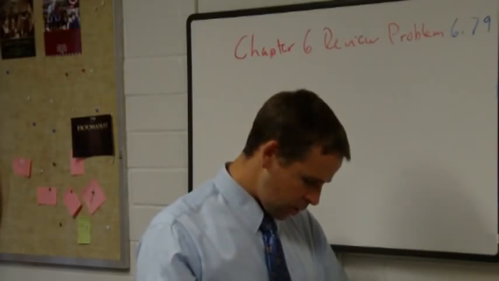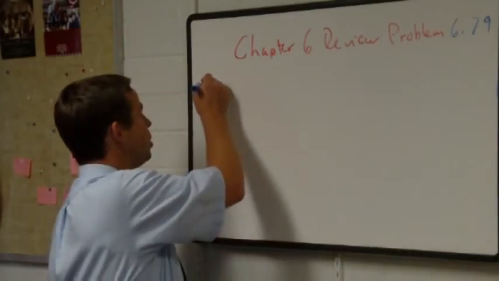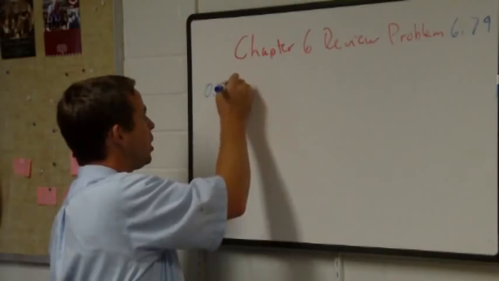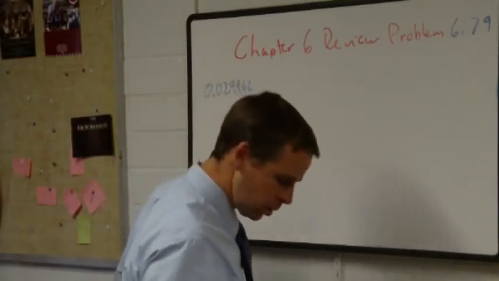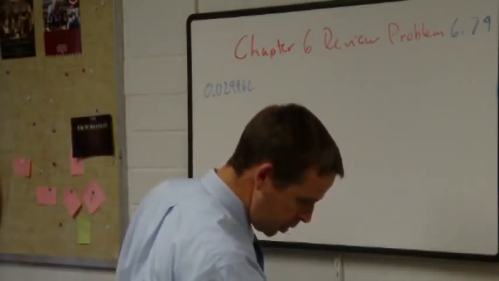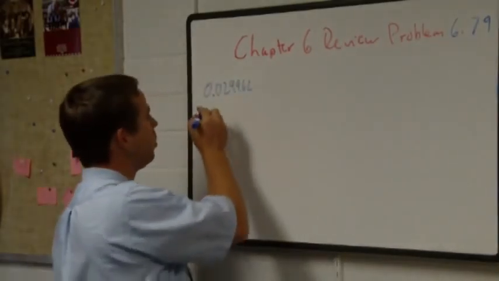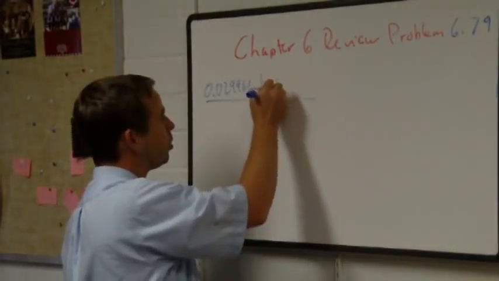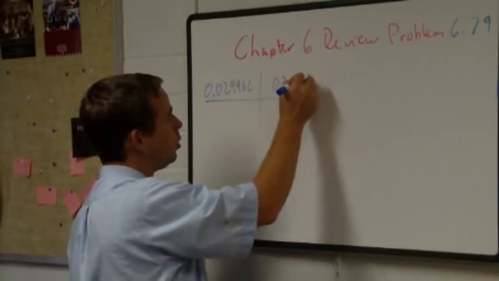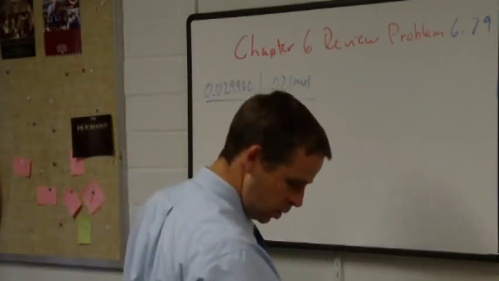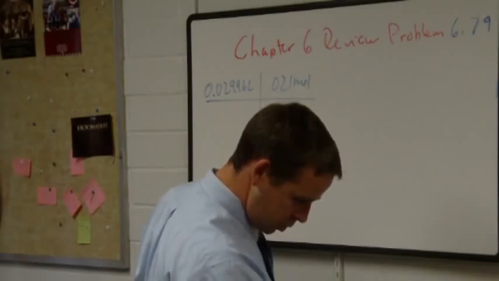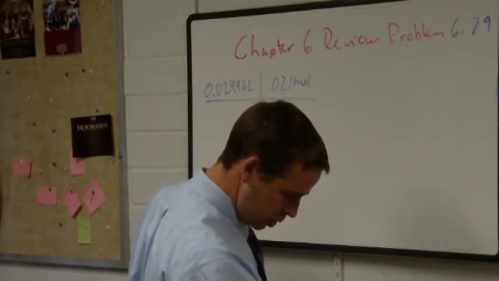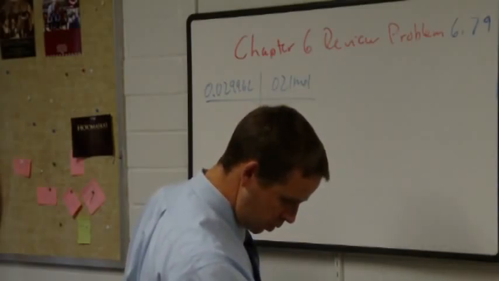All right, so it required 29.96 milliliters, which is the same as 0.02996 liters of the 0.021 moles per liter, and that's moles of the thiosulfate, S2O3 2-.